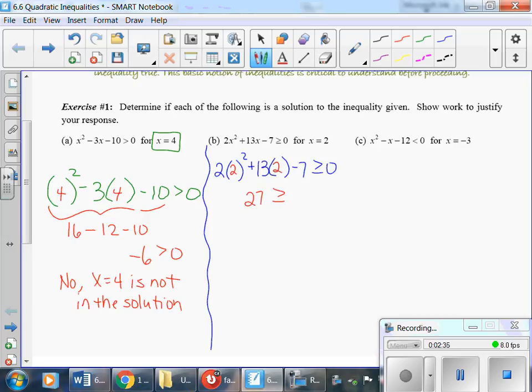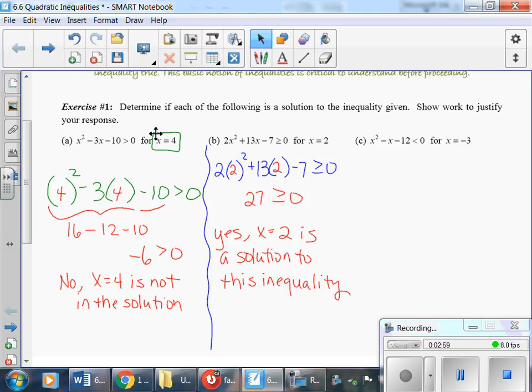Is 27 greater than or equal to 0? And in this case, yes. x equals 2 is a solution to this inequality. You don't have to be quite so specific.